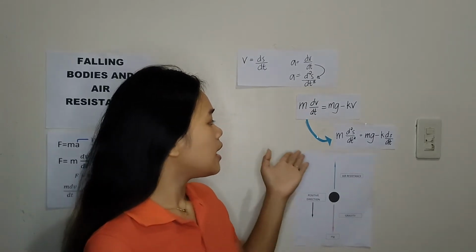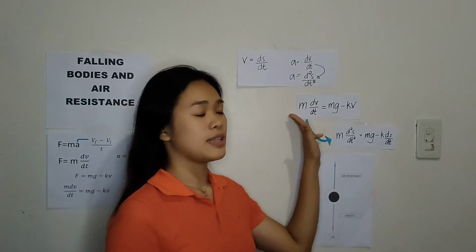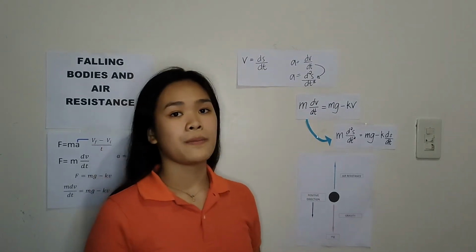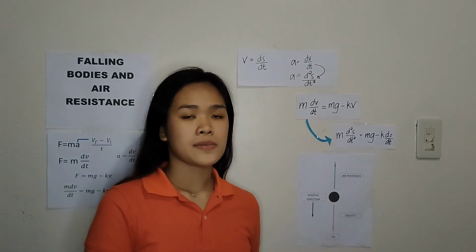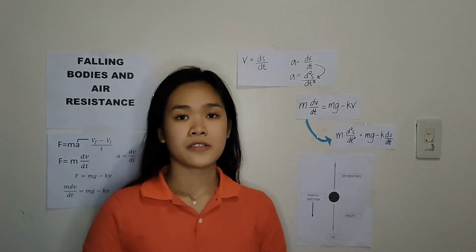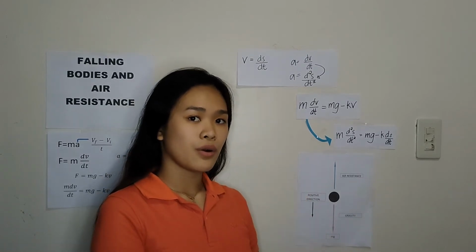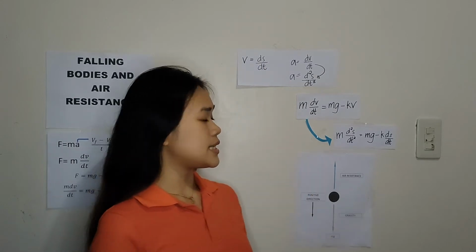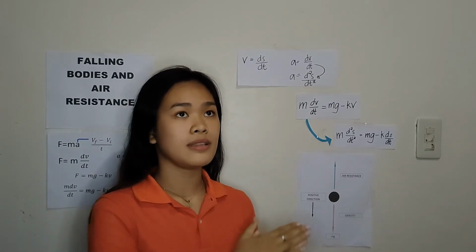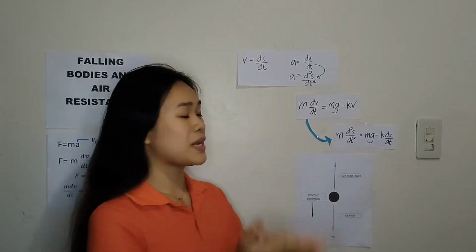So ngayon, since ito yung first order natin, which is m multiplied to dv over dt is equals to mass times gravity minus k times velocity, kukunin ngayon natin yung second derivative or yung second order niya, with respect to t.